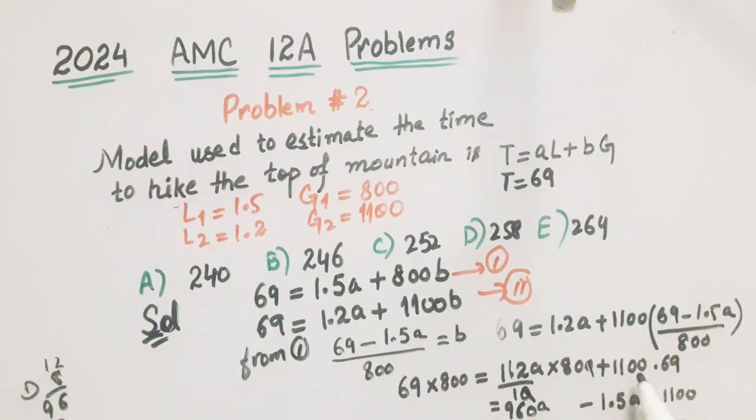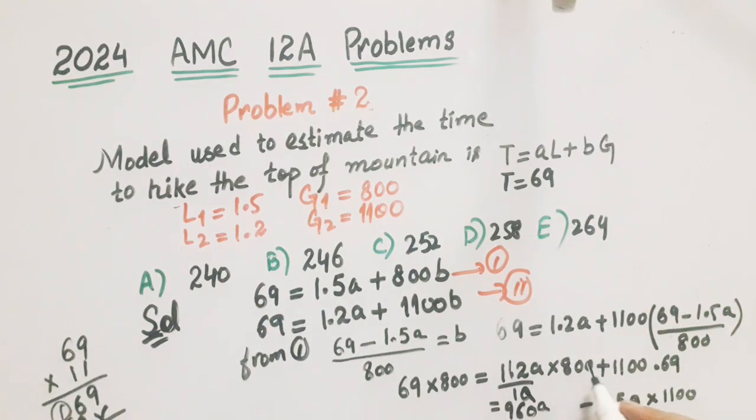Then 1100 multiplied by 69, so we will solve this here. 69 multiplied by 11 is 759.